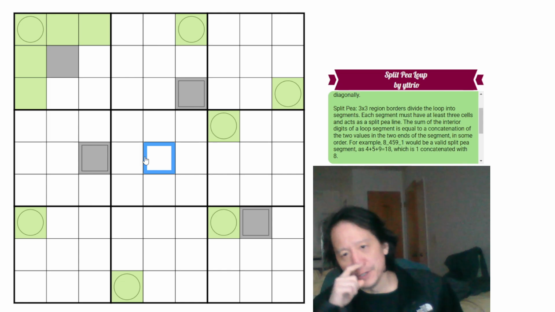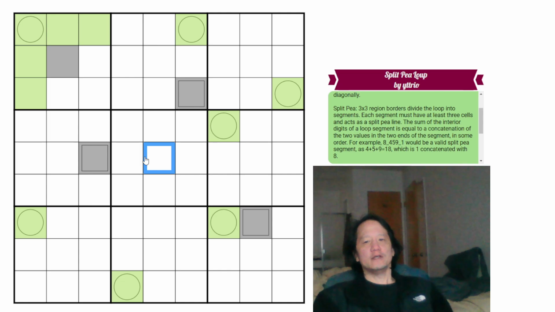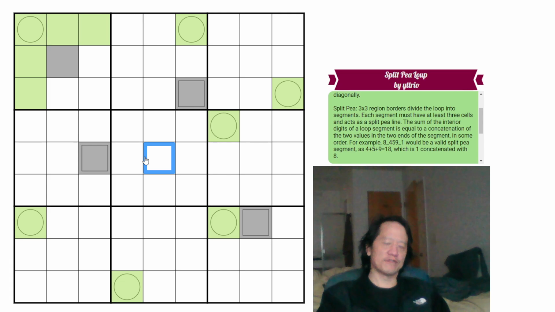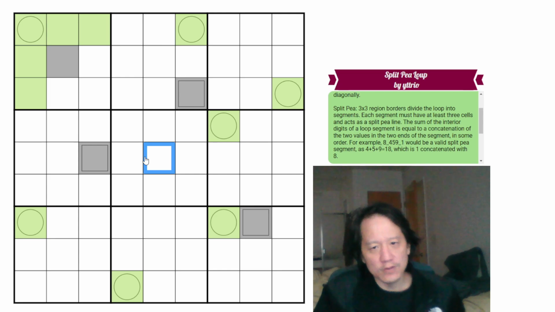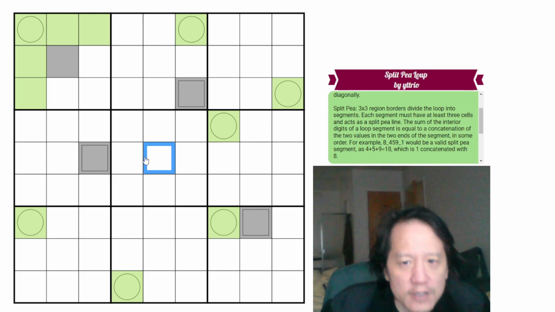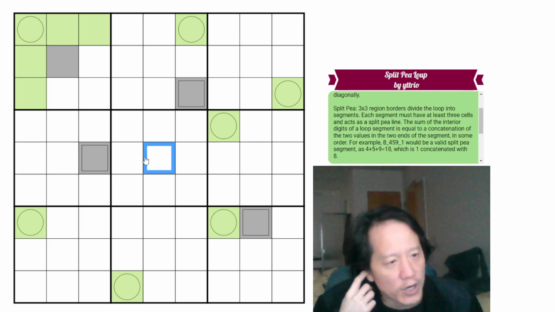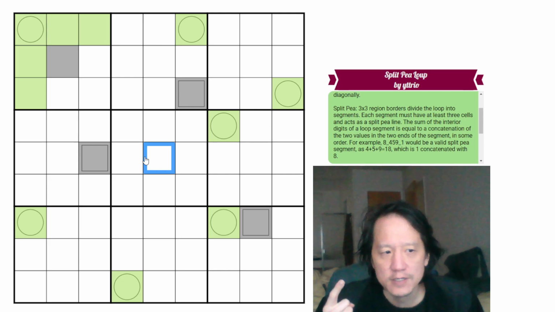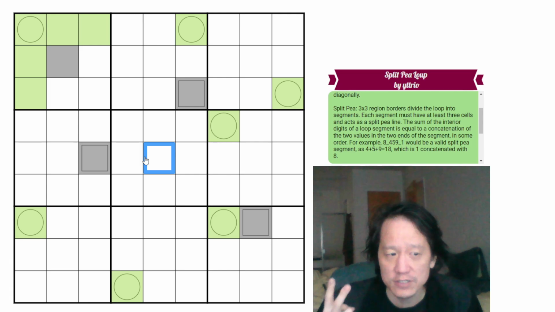One thing you know is that the split P loop can never be a segment of 3. It always has to be more than 3. Oh, that's interesting. Right, so the split P loop can never be a sum of, because the middle one would always be 1 digit. And you know that the sum has to concatenate to 2 digits.